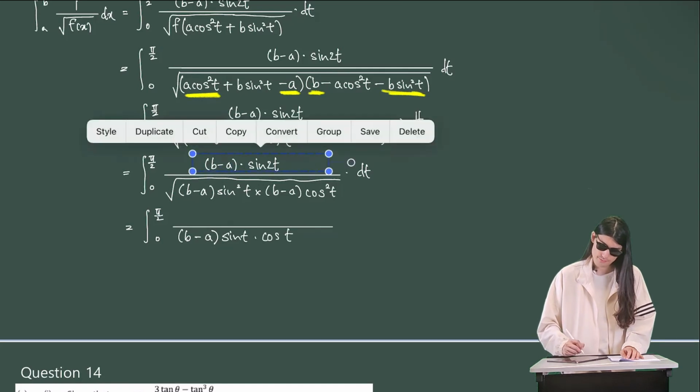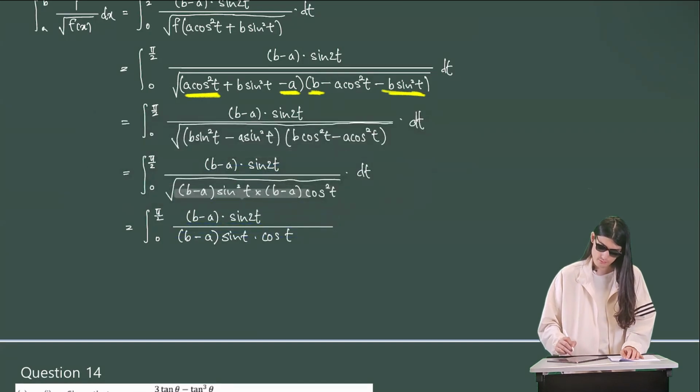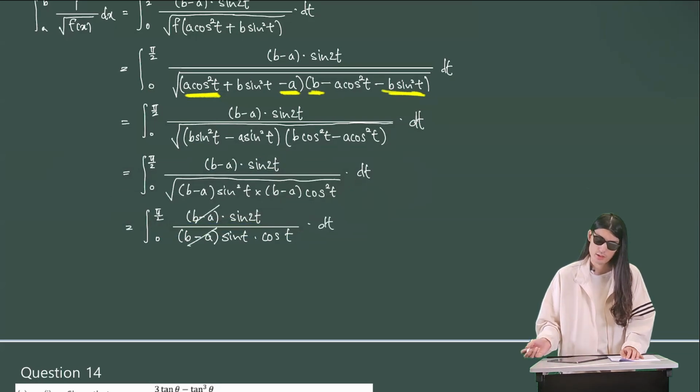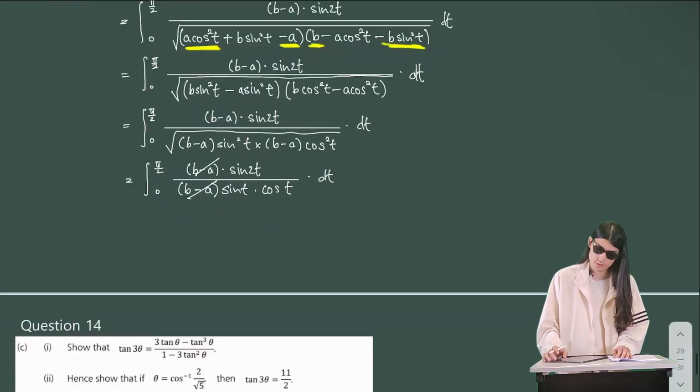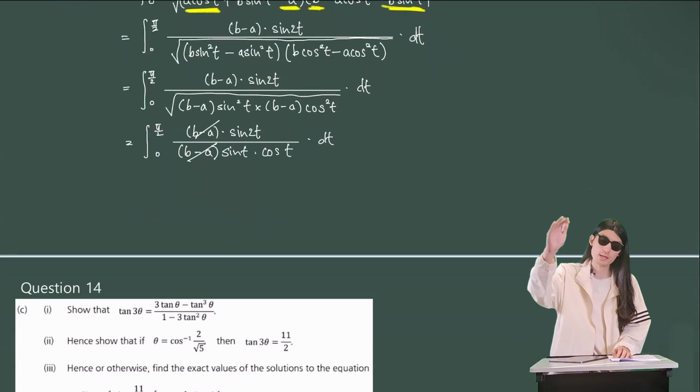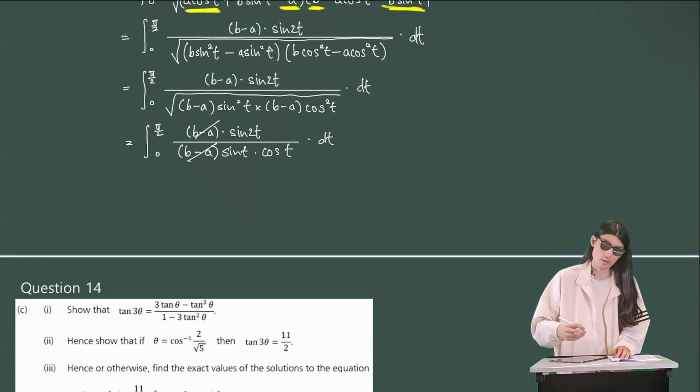We get this. And then b minus a cancels. Sine 2t is 2 sine t cos t, which cancels the sine t and the cos t on the denominator as well.